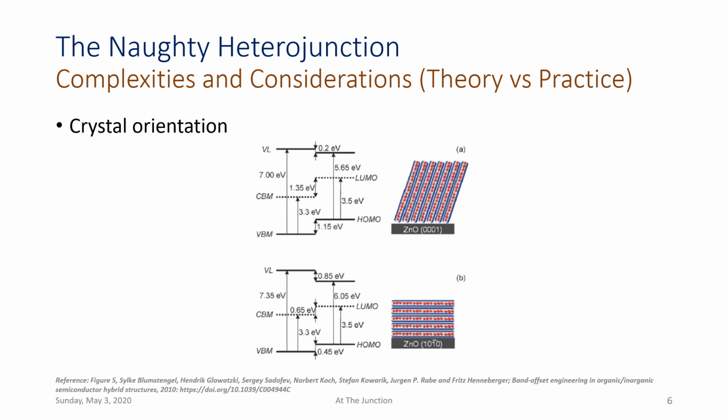And all this is simply because the zinc oxide was grown in a different crystal orientation, which in turn affected the orientation in which the 6P was deposited on the zinc oxide. So the crystal orientation during growth plays a crucial role in the heterojunction characteristics.